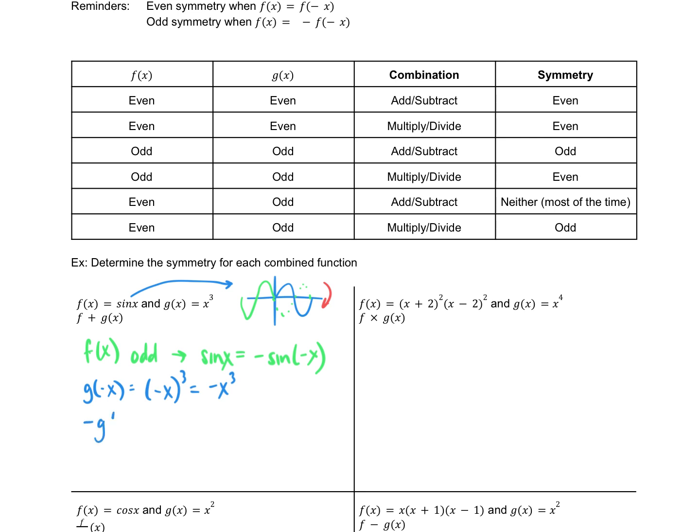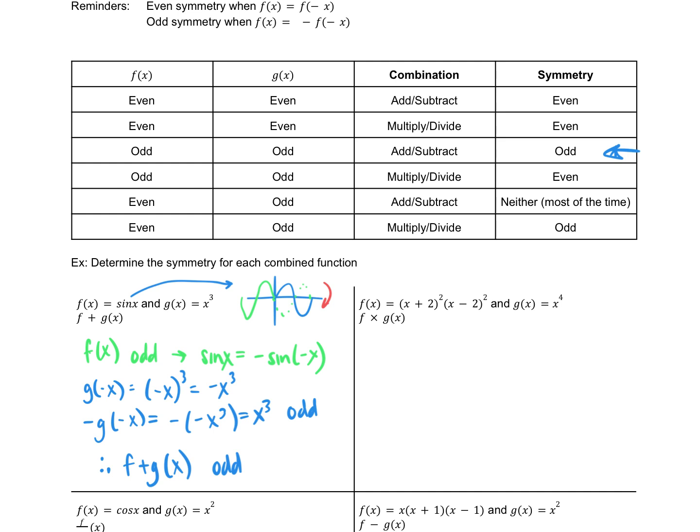But if I do -g(-x), I'm just adding a negative to what I just got, and that gives me the original function. So this is also odd symmetry. So now if I look at my table, two odd functions together, added or subtracted, will result in an odd function as well. There we are.